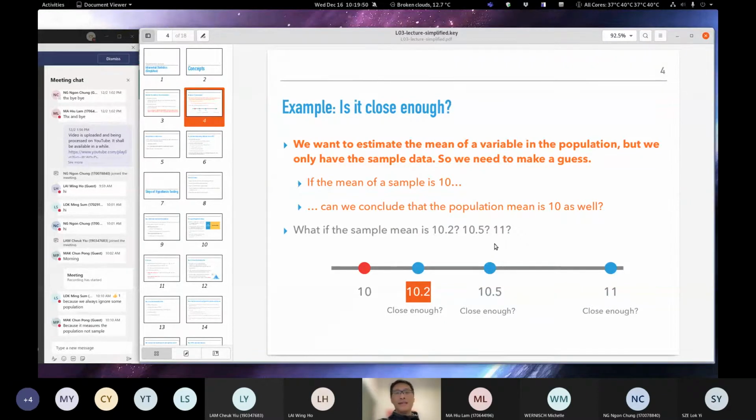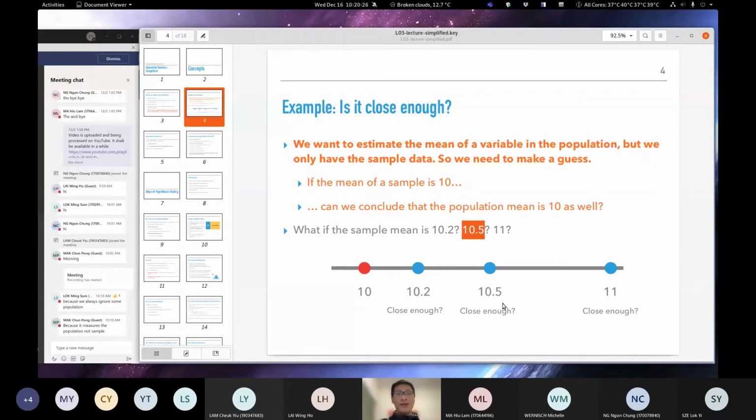Okay, but what if we consider another case? This time we draw the sample and the sample mean is equal to 10.5. Now, obviously 10.5 is further away from the 10 than the 10.2, right? So there is a larger difference. Now, is this difference still a random error, or is it really some indication that the population mean might not be equal to 10?